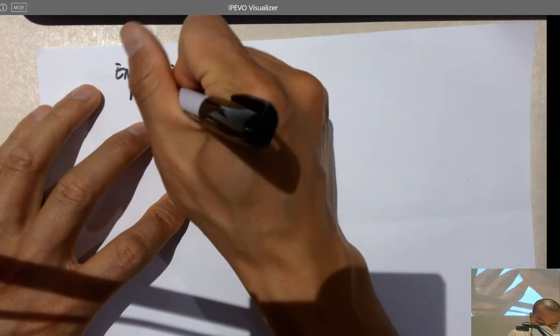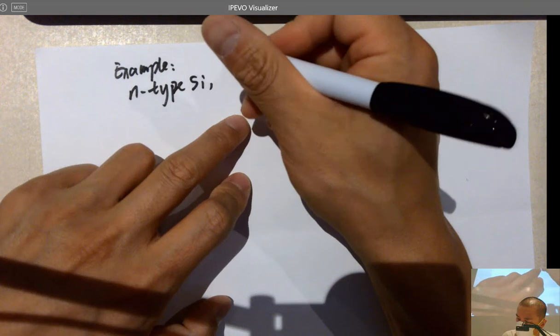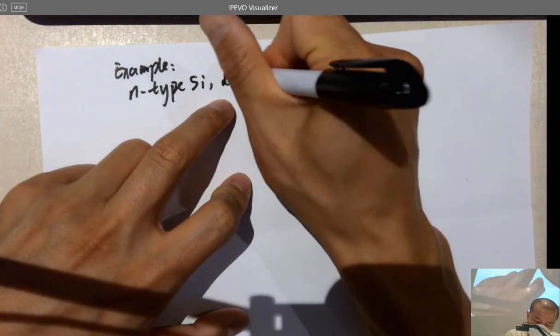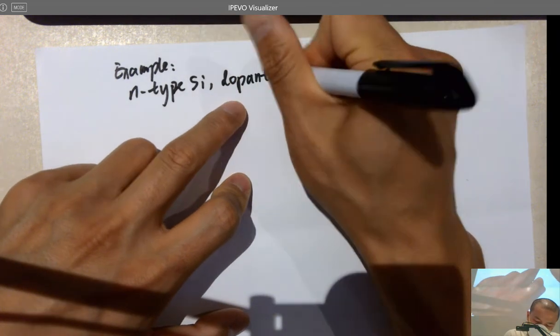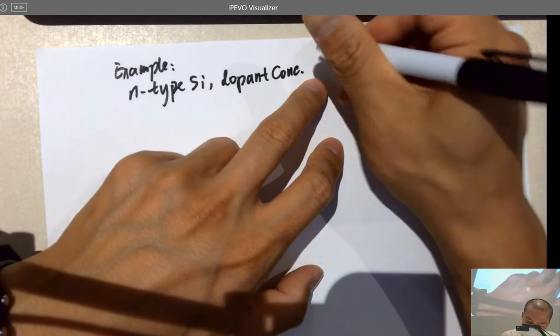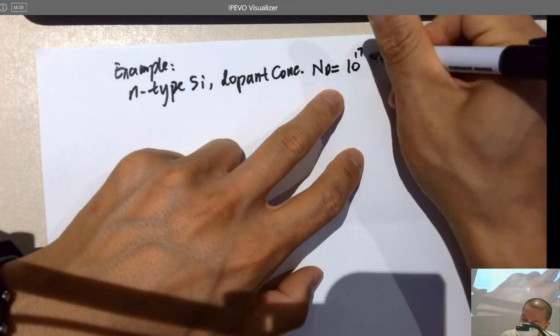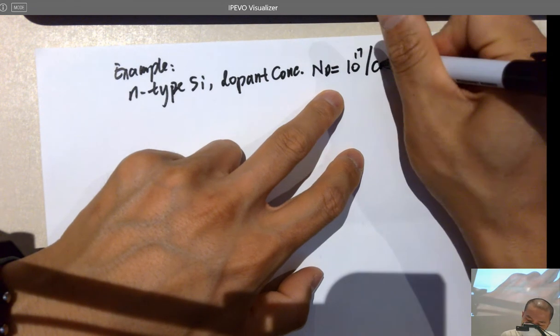N-type silicon and dopant concentration is ND, 10 to the 17th per cubic centimeter.